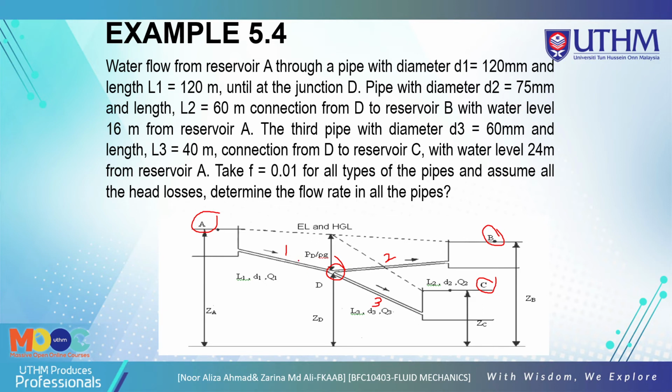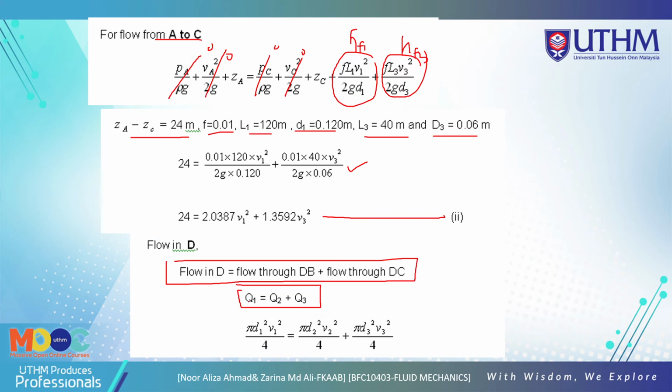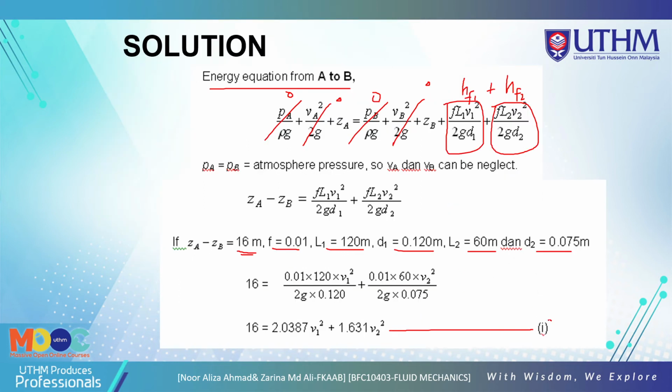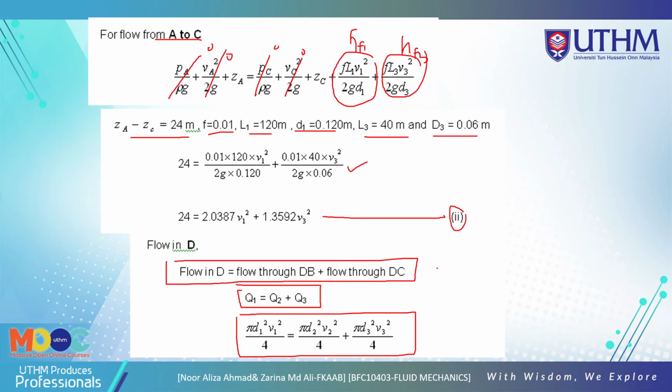Here Q1 is this, Q2 is this, Q3 is this. So at a branching pipe, you must know that Q1 is equal to Q2 plus Q3. You must refer to this solution here and put equations 1 and 2 in this formula.